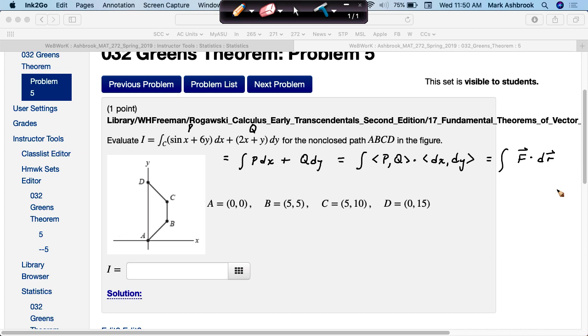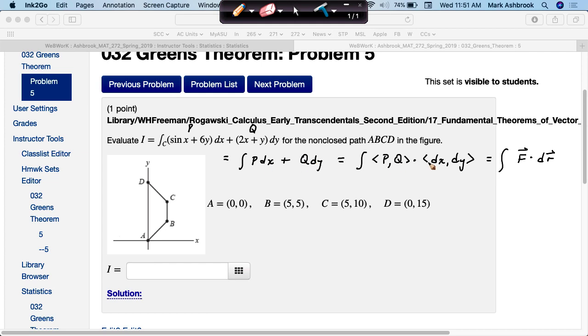The first thing is I posted an announcement about this notation that's all throughout this homework that I've never used in class. That's this line integral P dx plus Q dy. That's simply another mathematically equivalent way of saying F dot dr, because this is a dot product of the vector P, Q and the vector dx, dy.